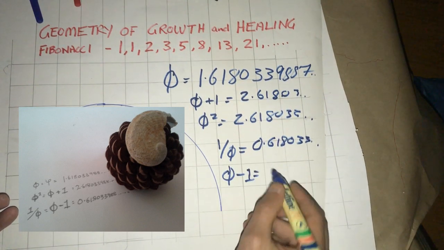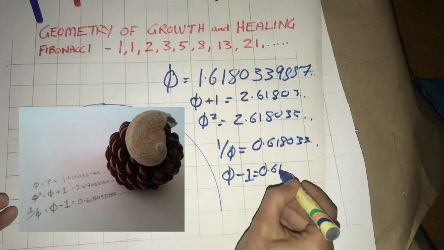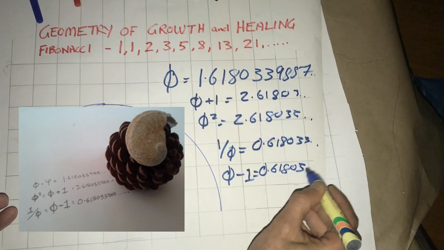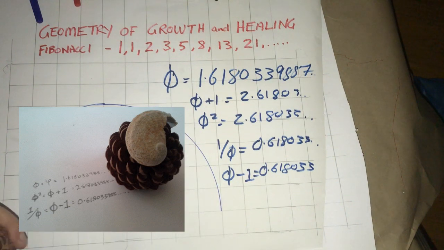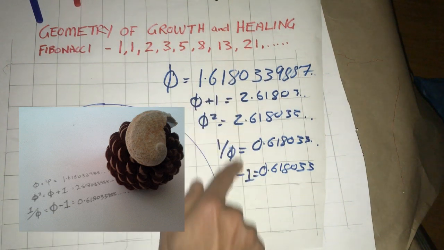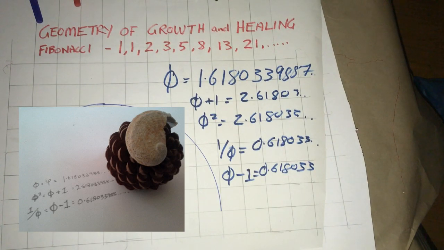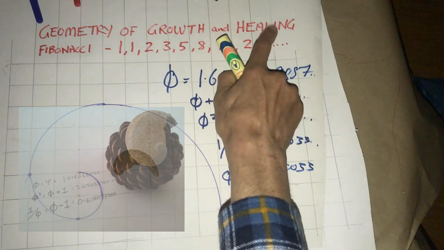Only this number has these properties. In the infinite sea of numbers, only this golden number, and that's why it's called the golden ratio, has these types of properties. That's why it's so beautiful. Let's do the spreadsheet, and then we'll look at healing.